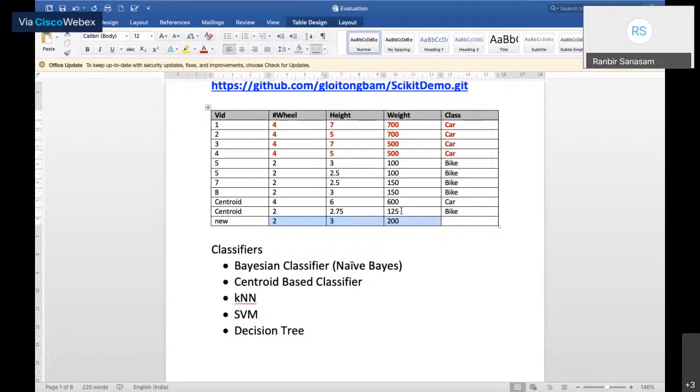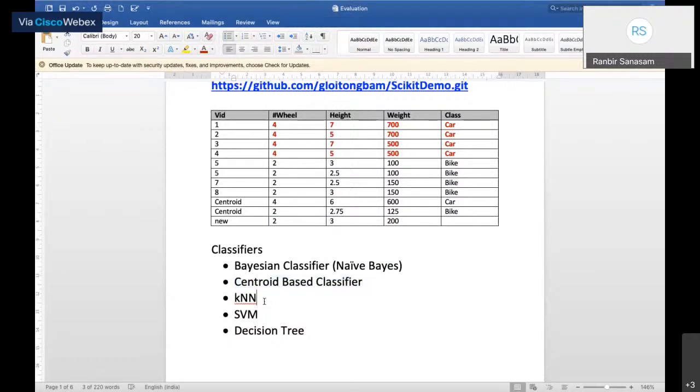In some literature, you may find that people are using Euclidean distance, in some literature it's cosine similarity. So using some metrics to measure the distance or similarity, you can see which one is closer. Then you assign the class label of the closest centroid. That is the centroid-based classifier.